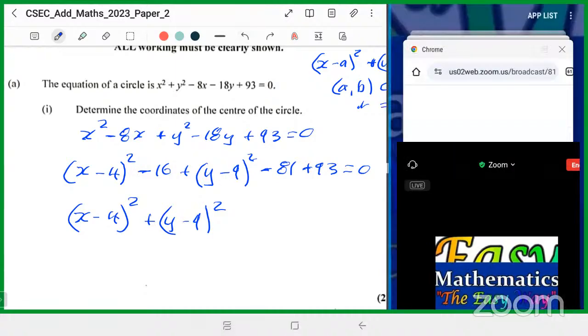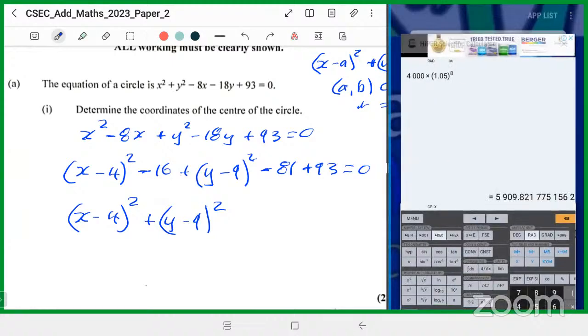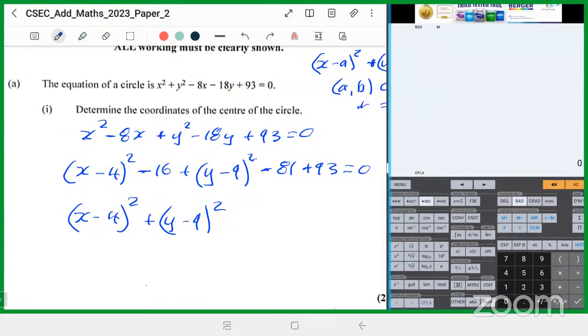So that becomes 93 minus 81 and also minus 16. So we're getting negative 4, and the negative 4 will transpose to the right side. It will become a positive 4, but that positive 4 is the same as 2 squared. So I'm just going to write 2 squared.